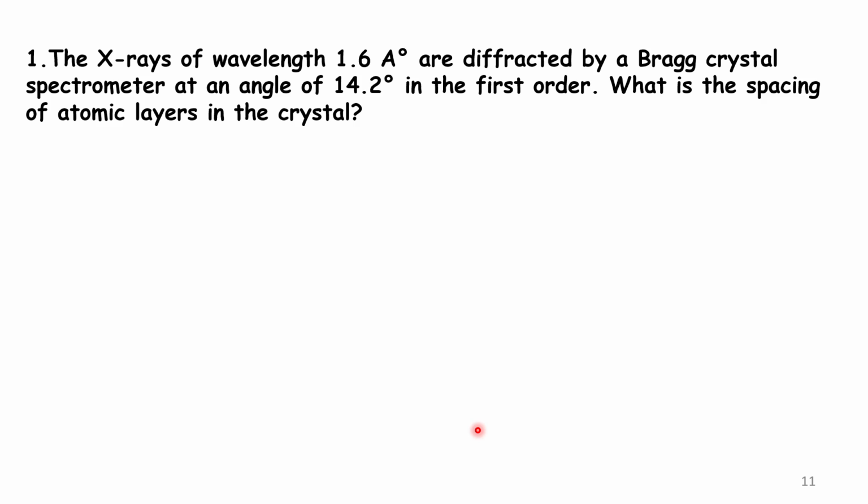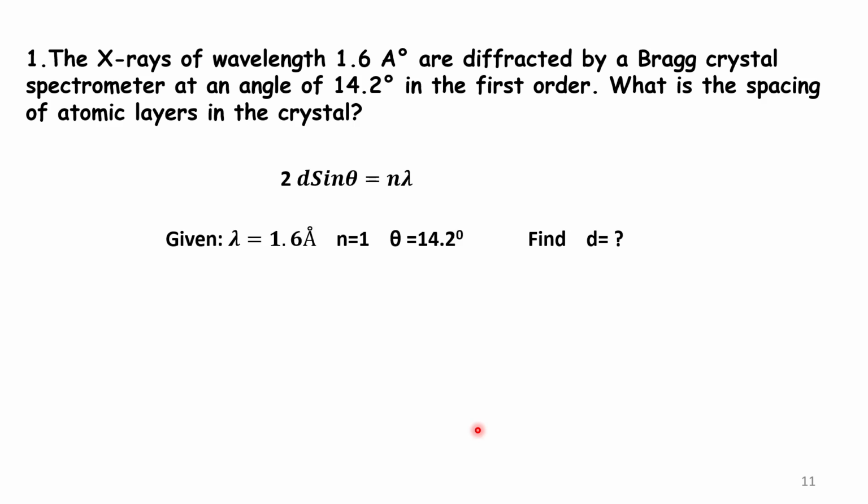In this problem you have to first write which things are to be determined, what things are given, and which formula is applicable. Here it is necessary to determine the interplanar spacing, that is the value of d. So by using the Bragg's diffraction condition, 2d sin theta is equal to n lambda, we can determine the value of d.